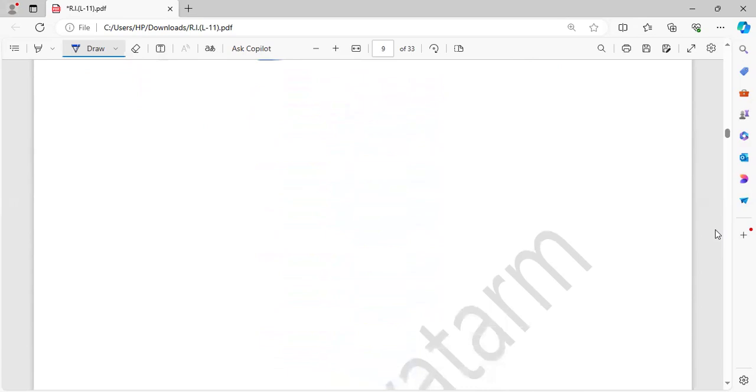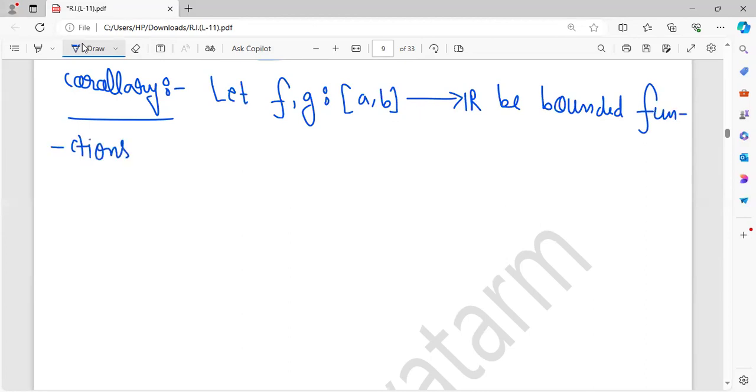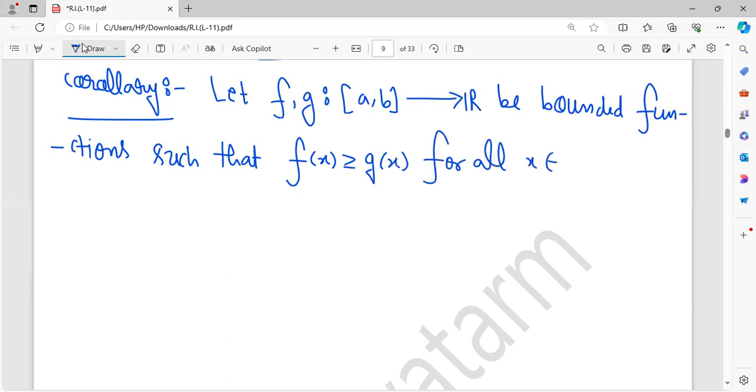So now the corollary. Let f and g from the closed interval [a, b] to R be bounded functions such that f(x) is greater than or equal to g(x) for all x belonging to the closed interval [a, b].